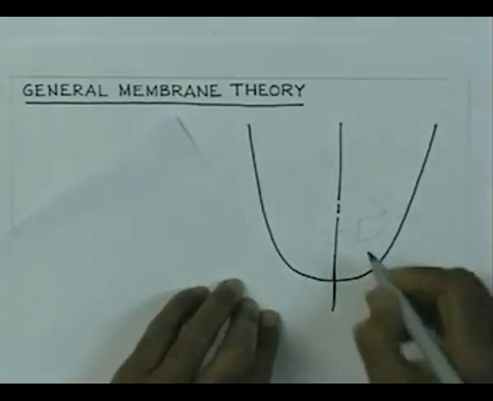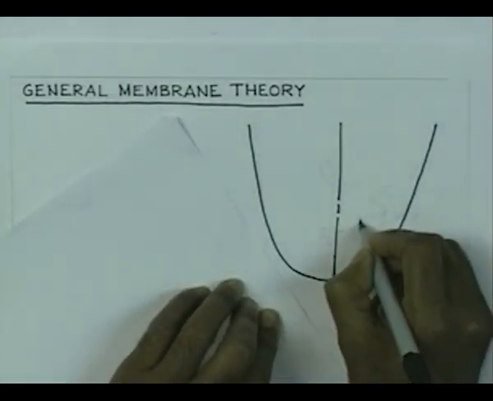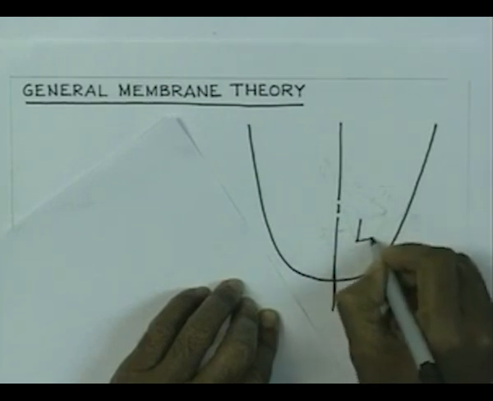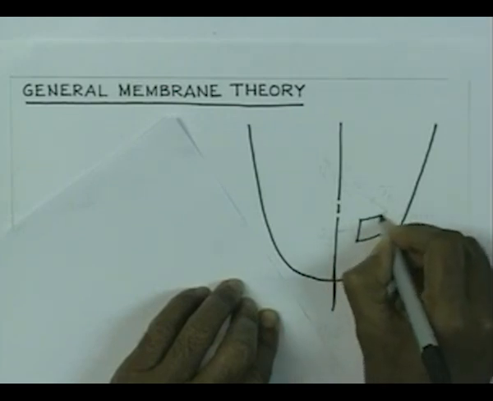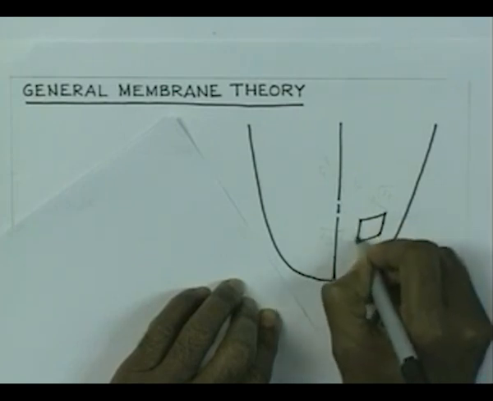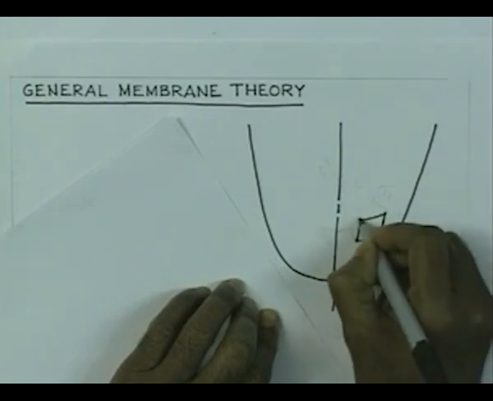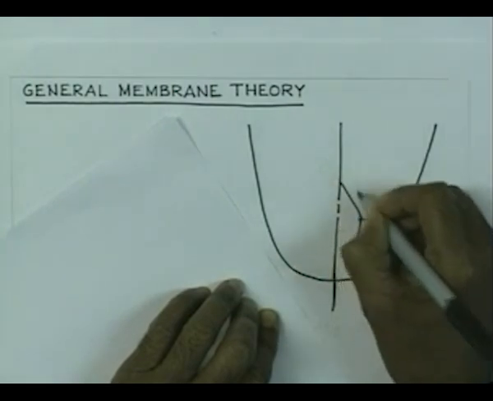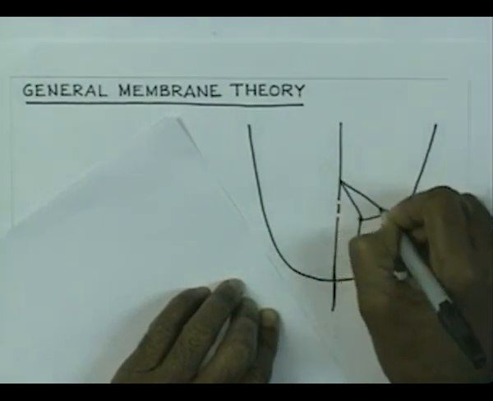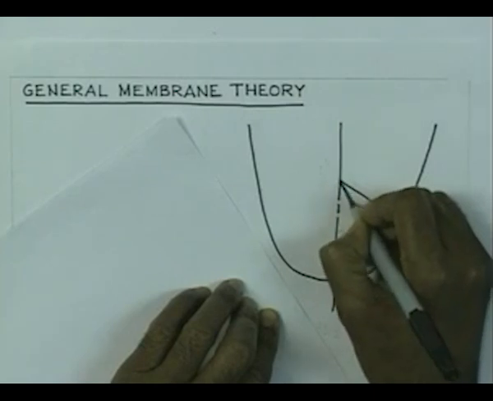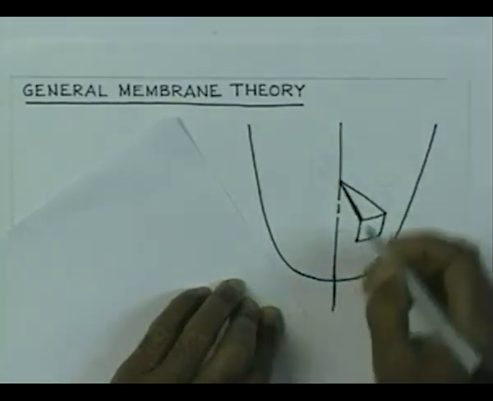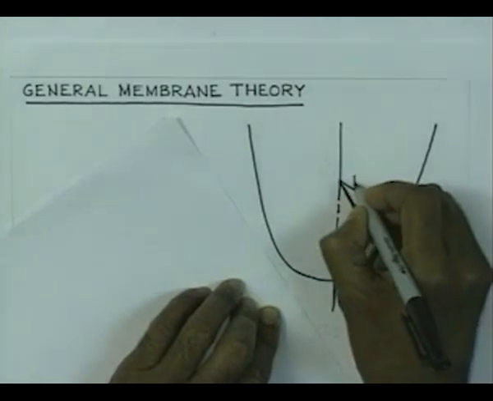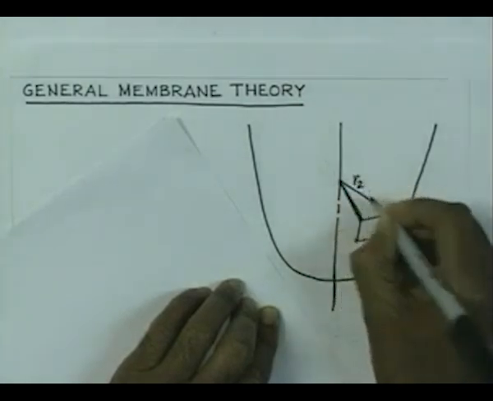Let us concentrate on an element here. This element, let us say that this is making an angle here at the center, and this radius of curvature is equal to R2.